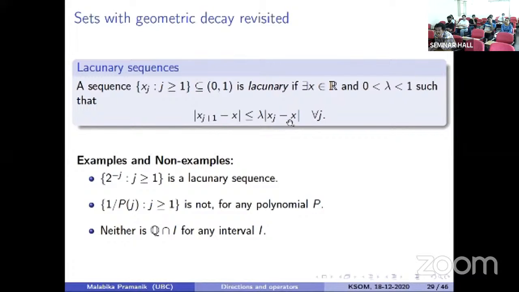For example, 2 to the power of minus j is lacunary with lambda equals 1/2 and x equal to 0. On the other hand, 1 over j is not lacunary, neither is the reciprocal of any polynomial in j, nor is the set of rationals lacunary for any lambda.